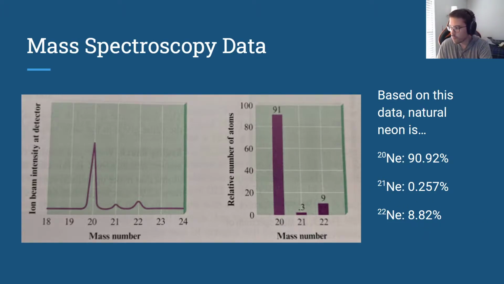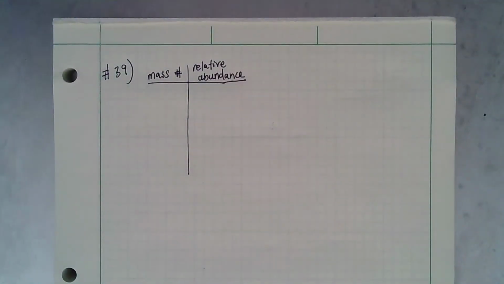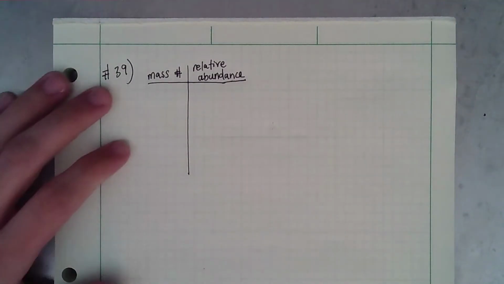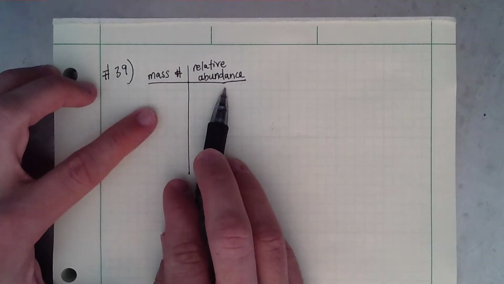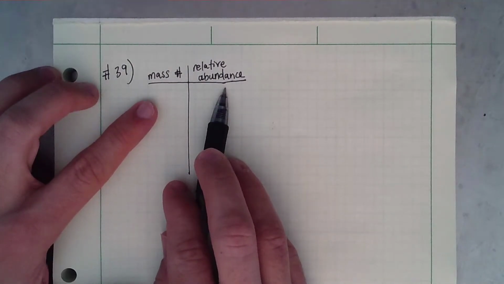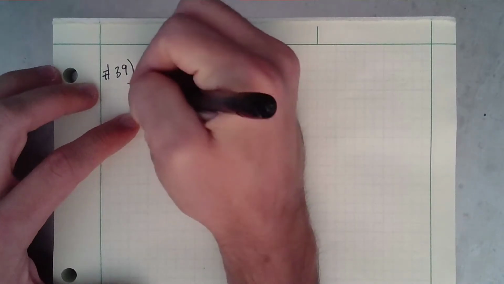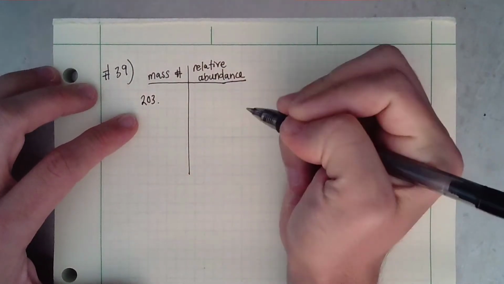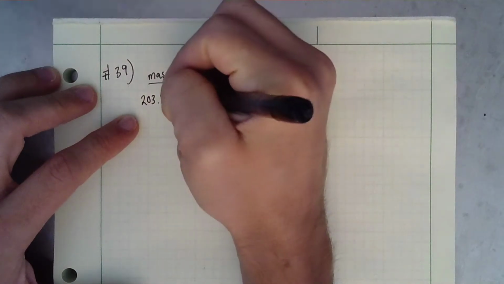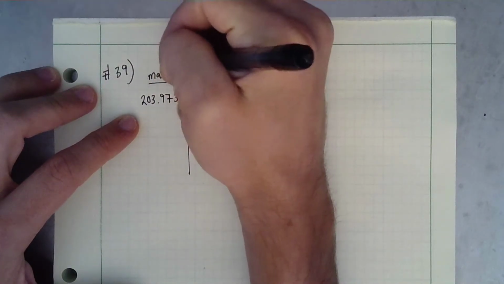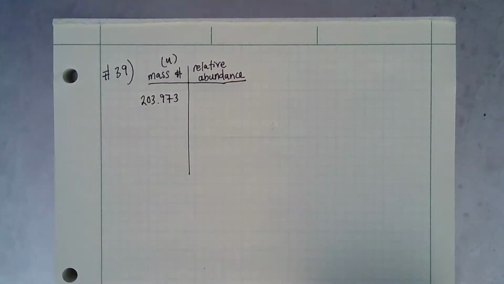Anyways, to go back to my table, we have 4 mass numbers and their 4 corresponding relative abundances. The mass numbers were 203.973. Once again, those were in units of atomic mass units, which they just used the letter U for.